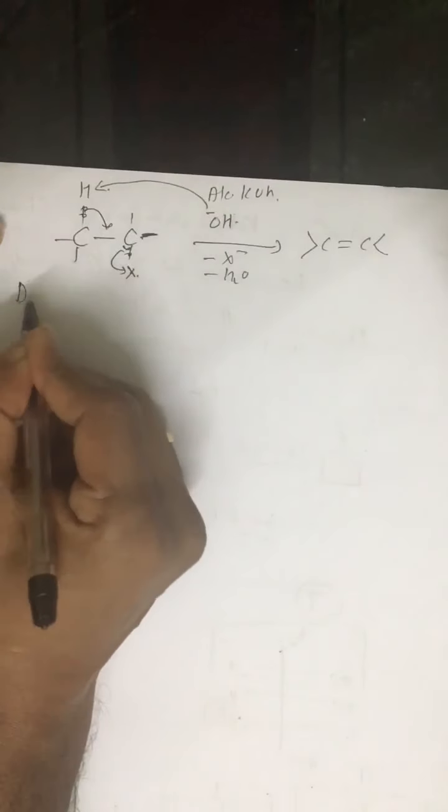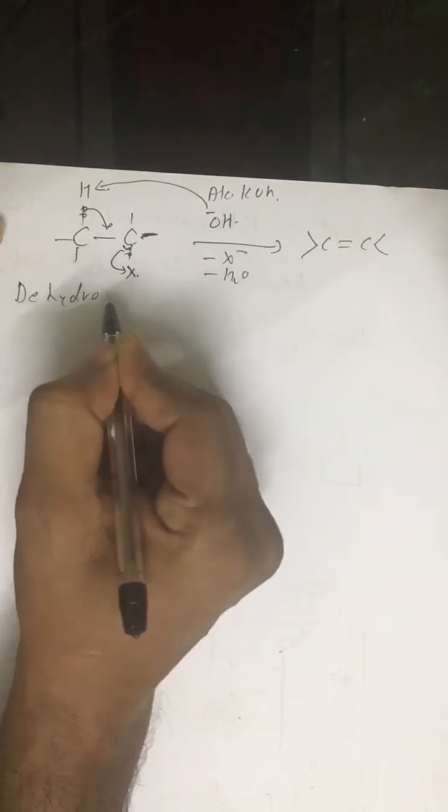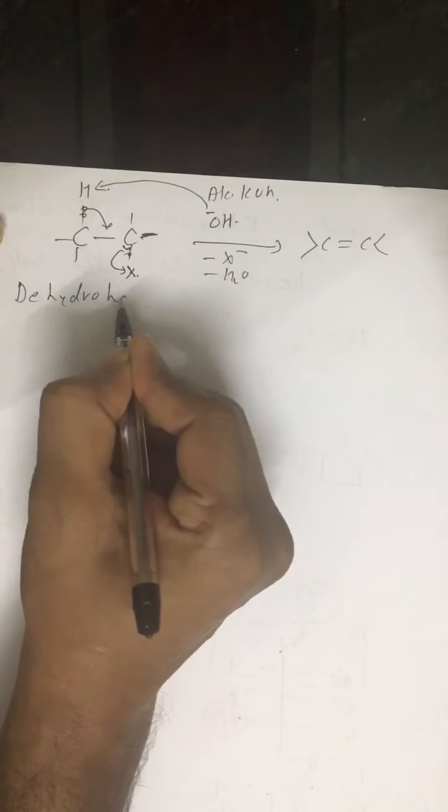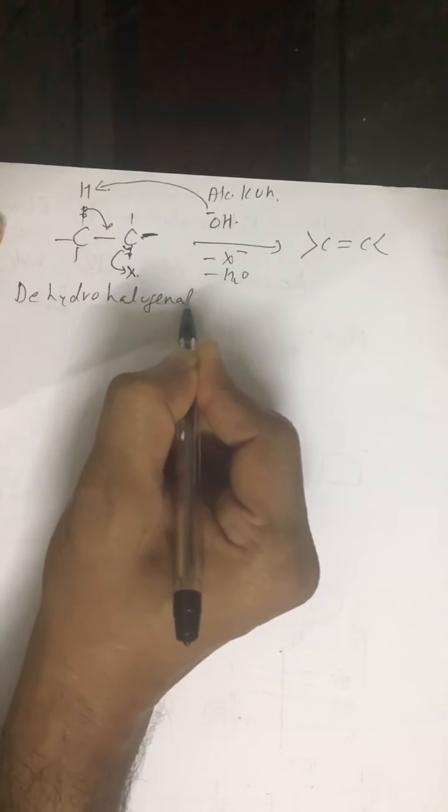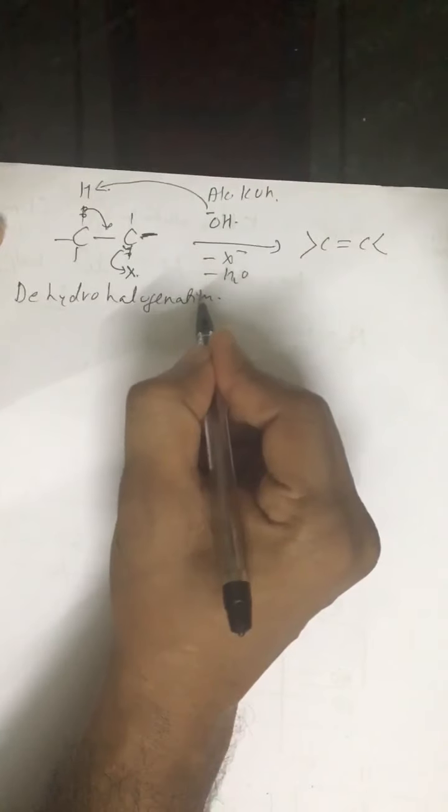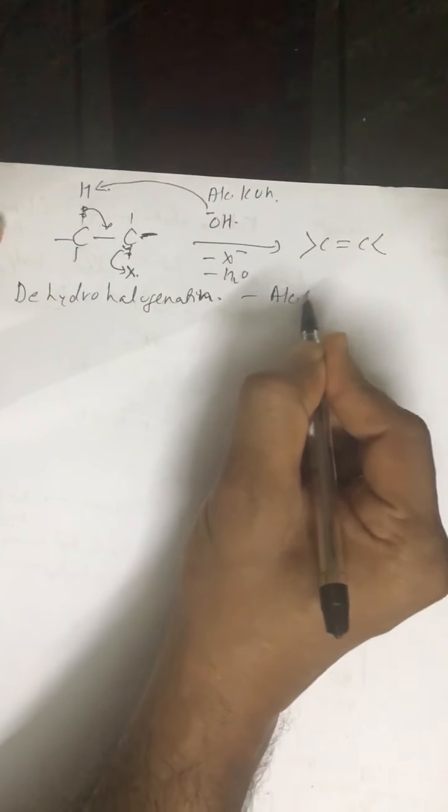For dehydrohalogenation, the common reagent used is alcoholic KOH.